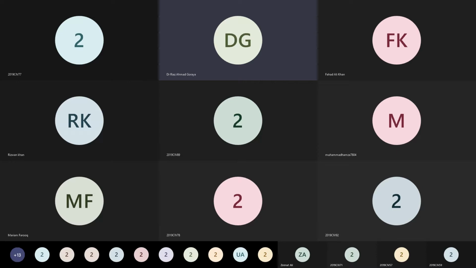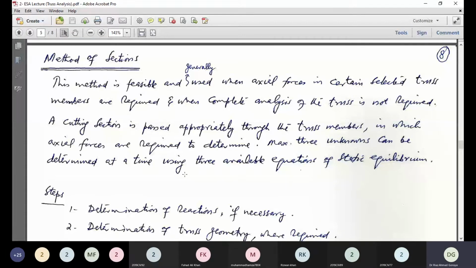So I'm going to share the screen now for the method of sections. As I had told you earlier, this method is feasible and generally used when axial forces in certain selected truss members are required and when complete analysis of the truss is not required.